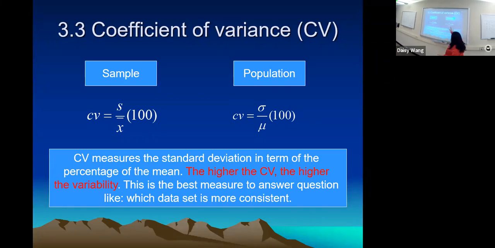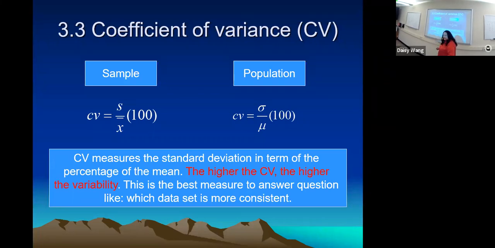But for the score, the coefficient of variance will be 2 divided by 80. That's 1/40 times 100%, 2.5%. So it'll be 2.5% versus 0.2%. So that means the income data is more centralized. It is much less dispersed than the score data.